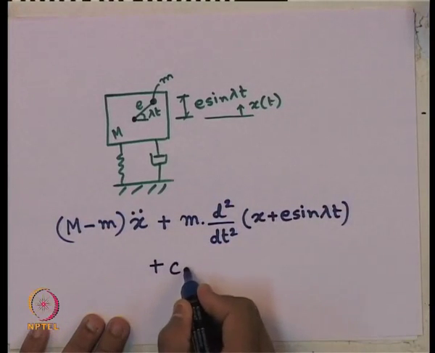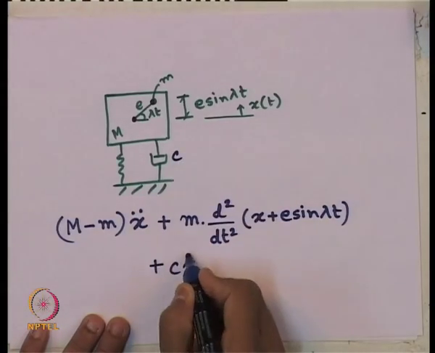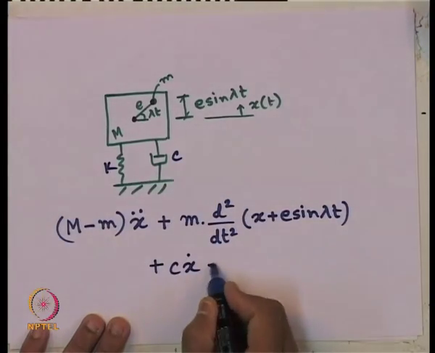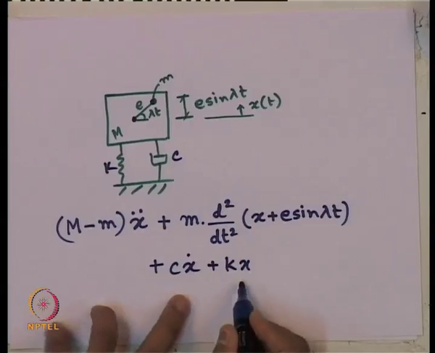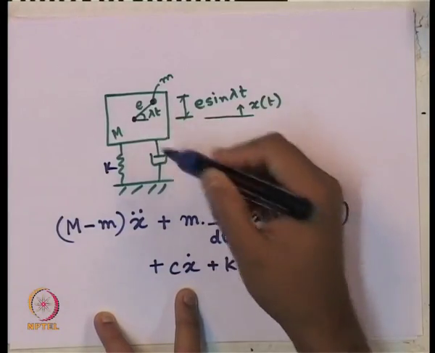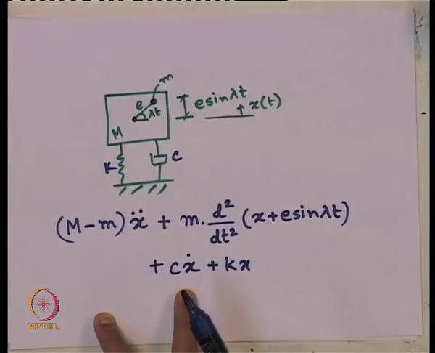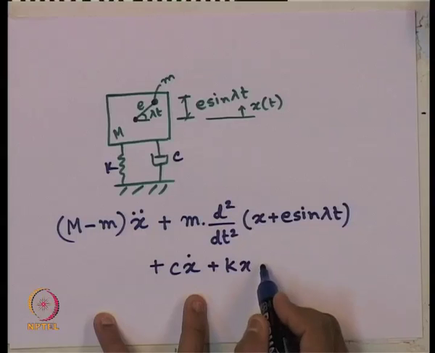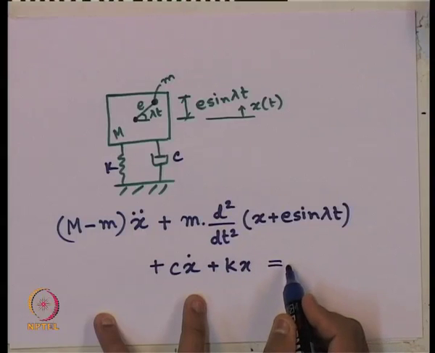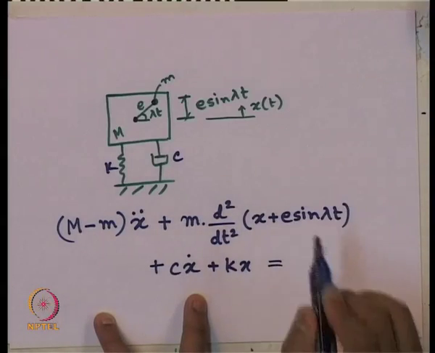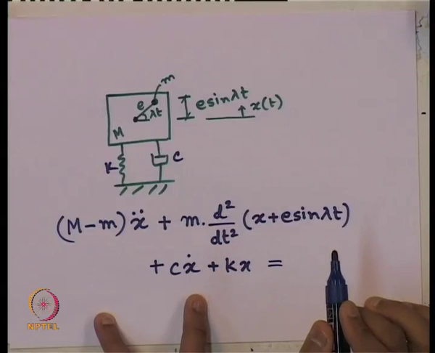plus the remaining things as usual, C x dot plus k x, because they are subjected to motion with respect to the CG of the system. So, that is why C x dot only and k x only. Fine. This is equal to how much? There is no other externally applied force to the system.